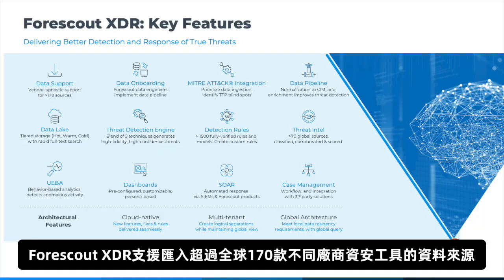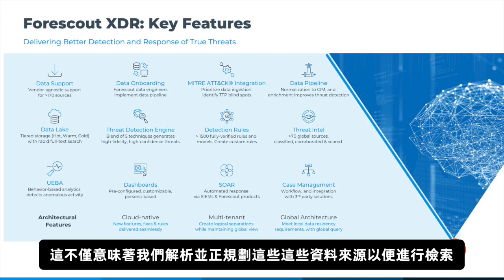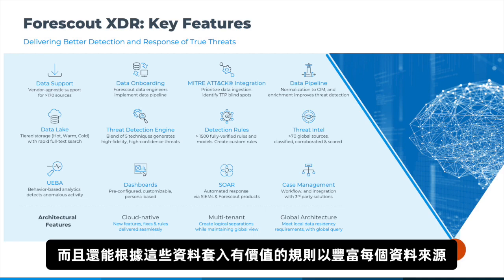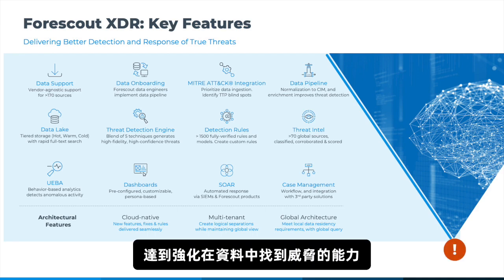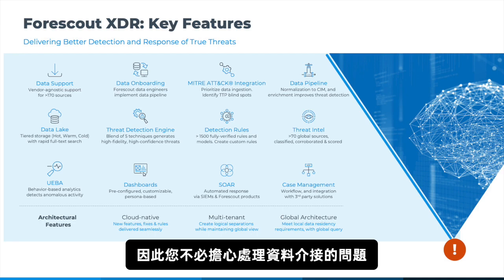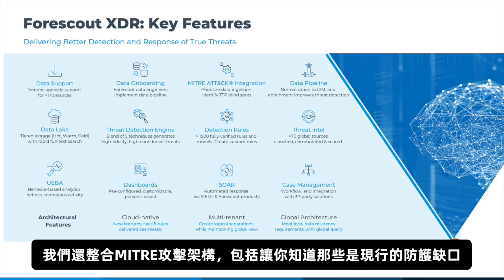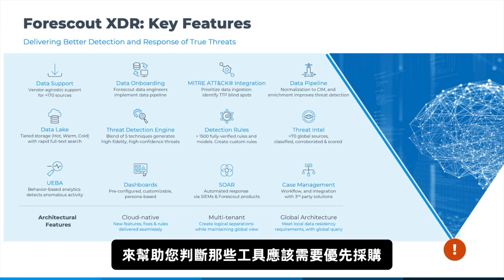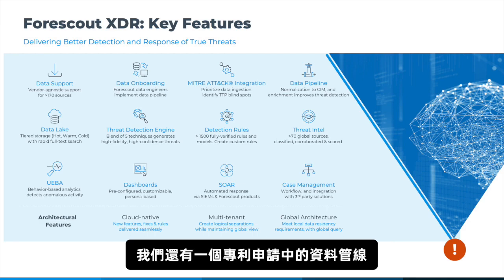The Forescout XDR provides data support for over 170 different vendors. That means not just parse, normalize, and that we can pull in the data, but that means they're valuable rules to enhance that and find threats within that data. We provide assistance with data onboarding, so you don't have to wire everything up yourself. We provide MITRE ATT&CK, both the prioritization of what you have from a gap coverage, but also showing you what you're being attacked by.